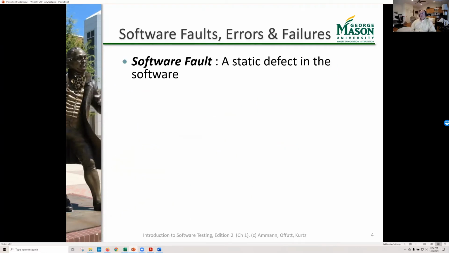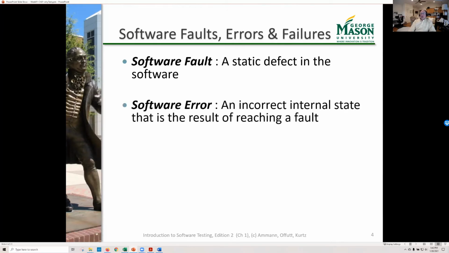A couple of definitions that we're going to be using consistently throughout the class. First is a software fault. A software fault is some static defect in the software, some error, some mistake that has been put into the software. That plus should be a minus, that A should be not A, something like that.